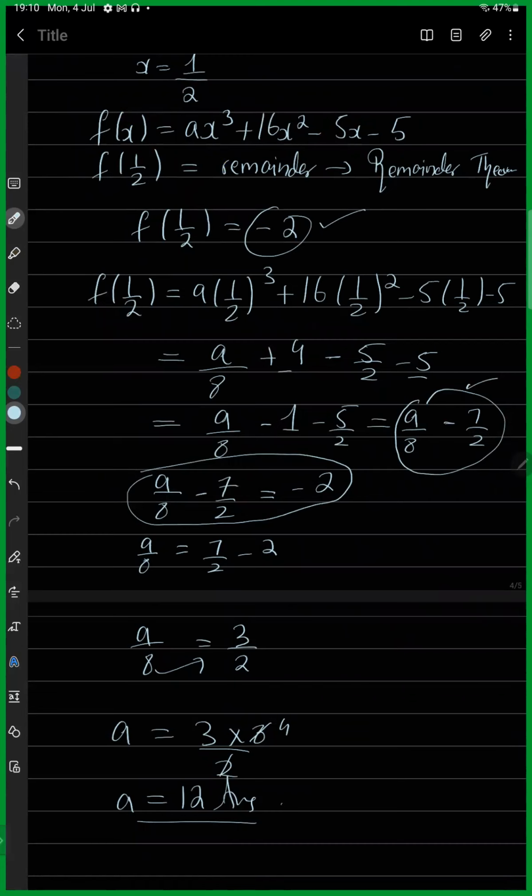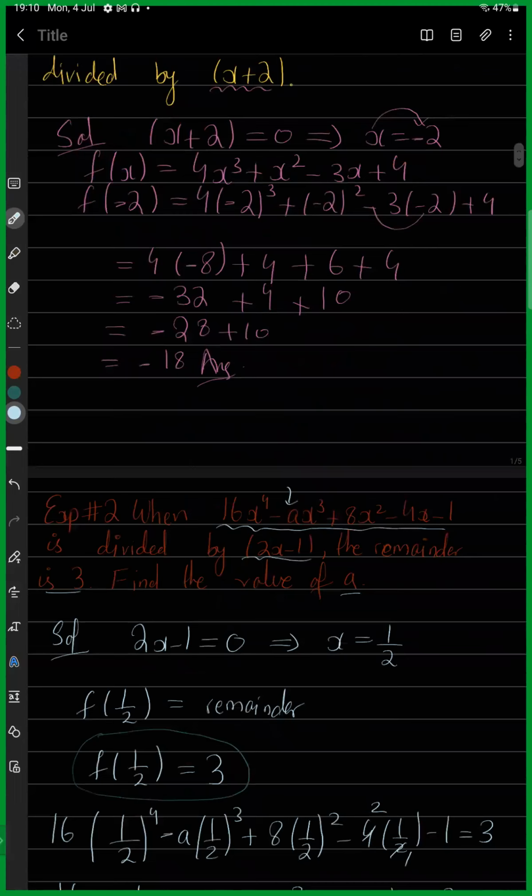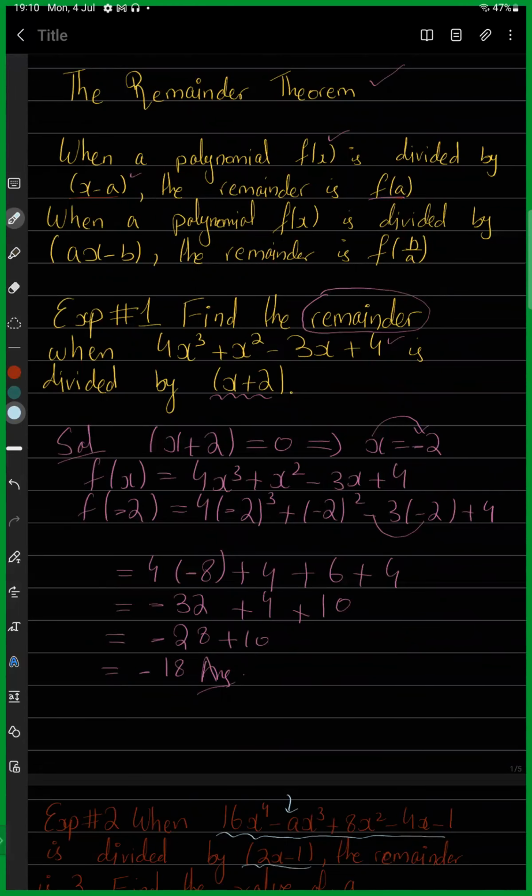So if I give you a quick recap of whatever contents we have discussed today, you should know that according to the remainder theorem, if you have a polynomial, think about it as your dividend. If you have a divisor, when you will divide the polynomial by the divisor, the remainder would be f of a.